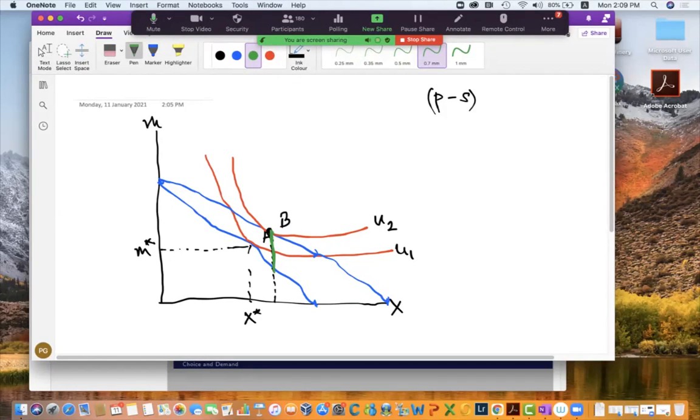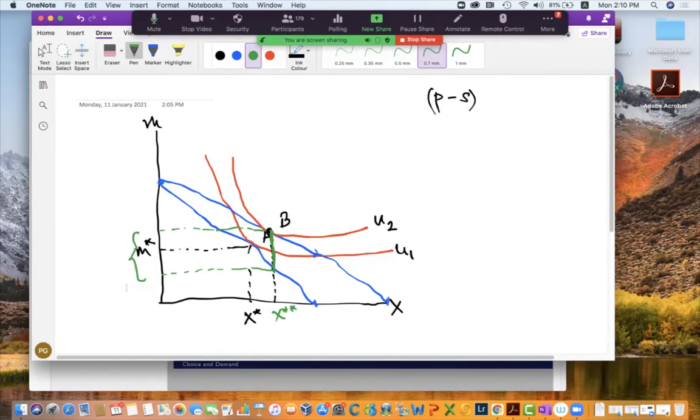Why is that? Because if the household was buying this amount of food, call it X double star, then with their own income, they could have only spent so much money on other goods. But after receiving the subsidy, they're spending so much more on other goods. So this difference is the value of the government assistance.